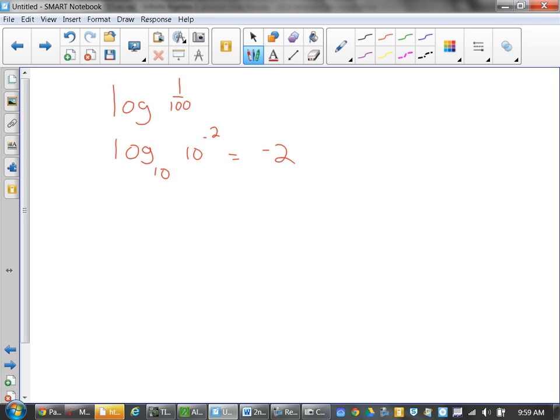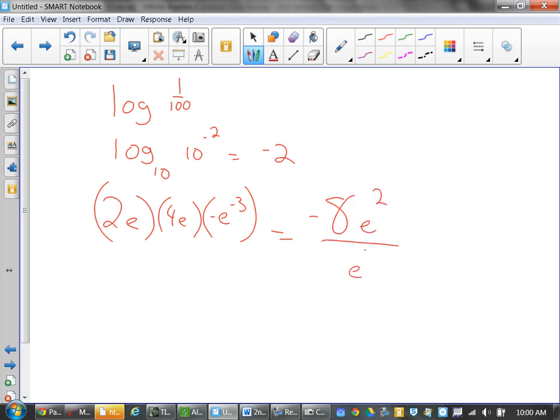Well, that would be, so you have 2e times 4e times, so when you rewrite this one out, you wind up with negative 8e squared over e cubed.